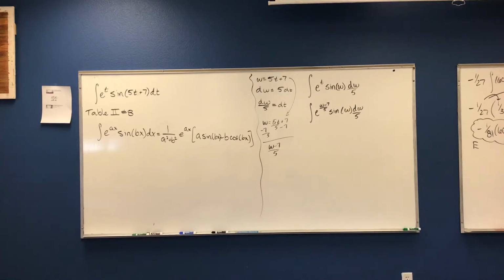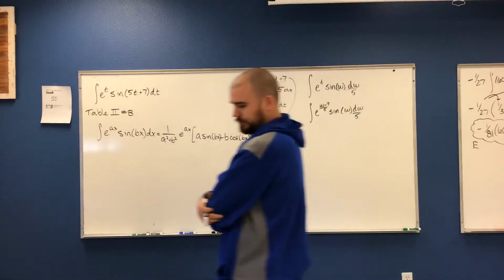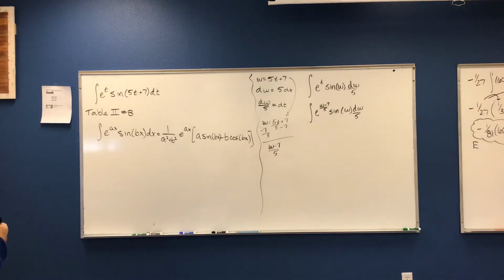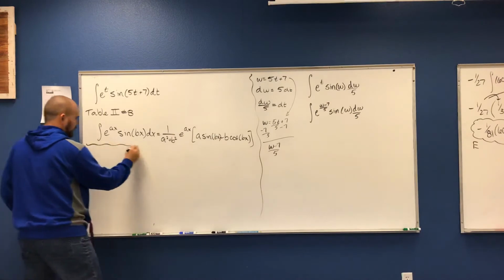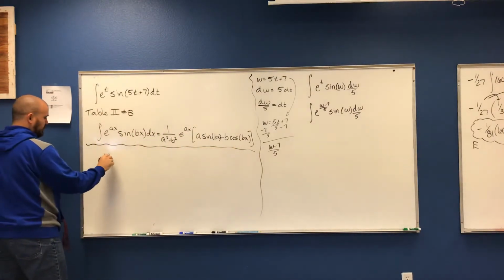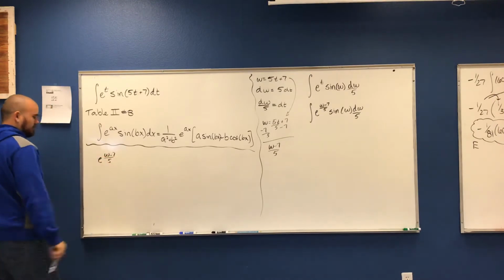Now this problem here is going to take a little bit of loving to get it to look still what we want it to look like. And that is where exponential rules come in. So here's what I want to do. Over here, I'm going to deal with this e to the (w minus 7)/5.